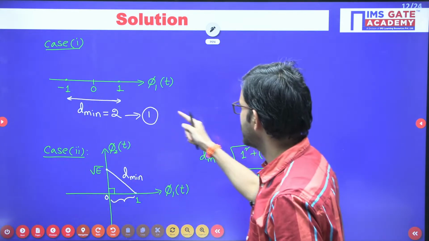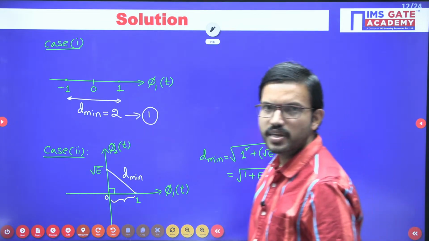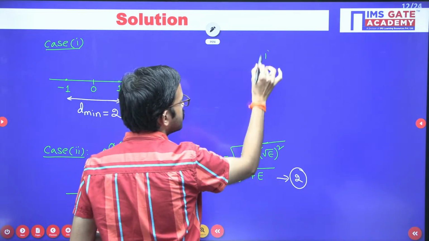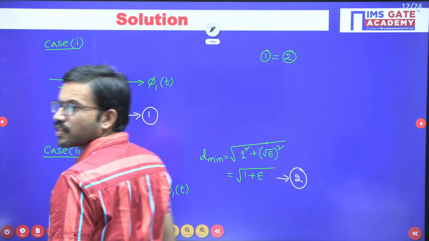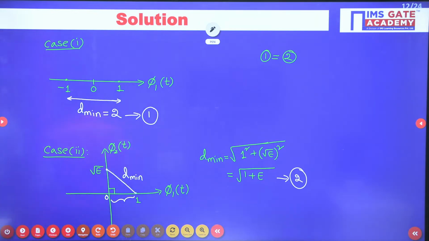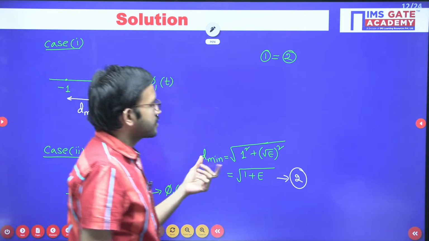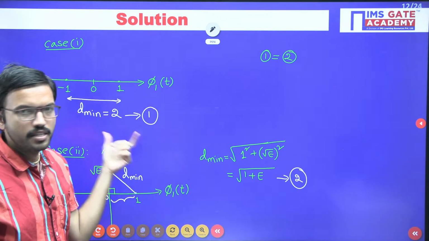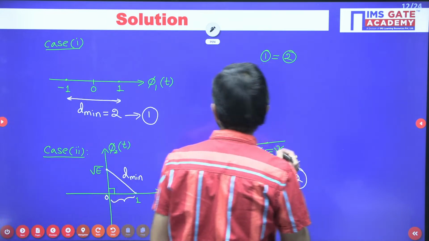So in case 1 and case 2, we are equating the d min in both the cases.